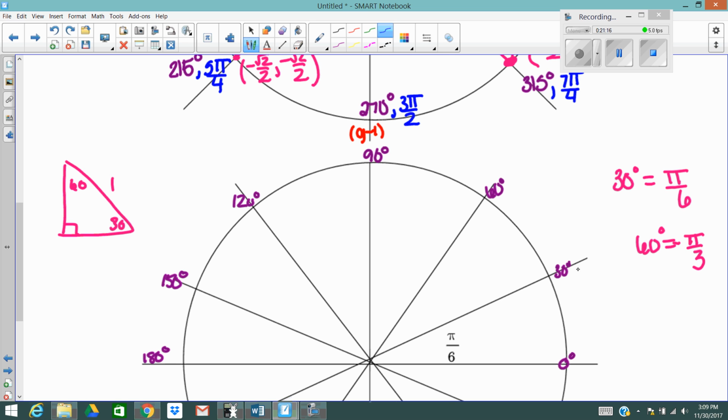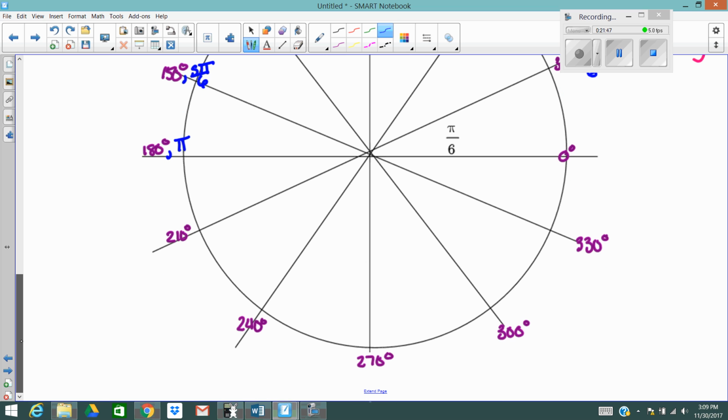So I have 1 pi over 6, 2 pi over 6, which is pi over 3, 3 pi over 6, which is pi over 2, 4 pi over 6, which is 2 pi over 3, 5 pi over 6, 6 pi over 6, which is just pi, 7 pi over 6, 8 pi over 6, which is 4 pi over 3, 9 pi over 6, which is 3 pi over 2.